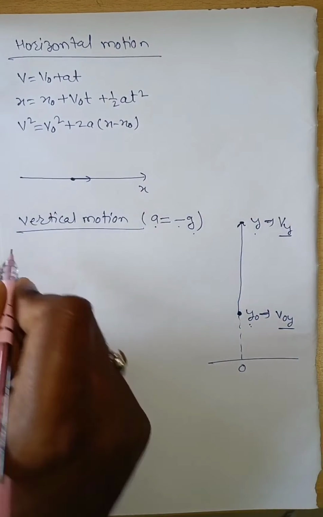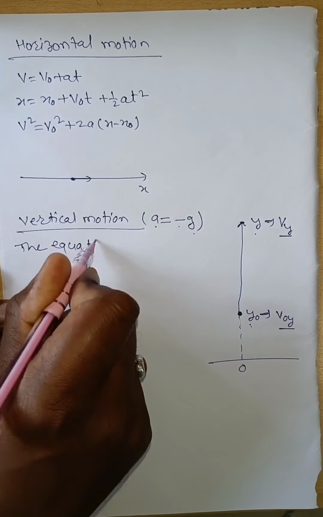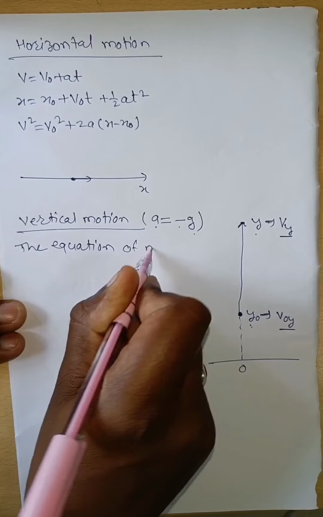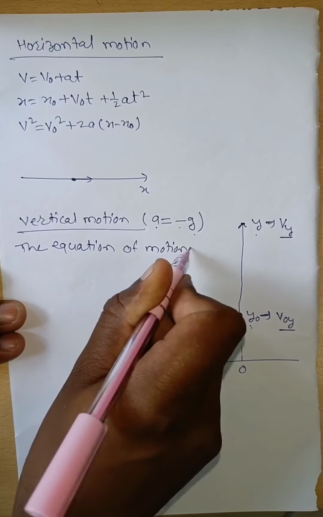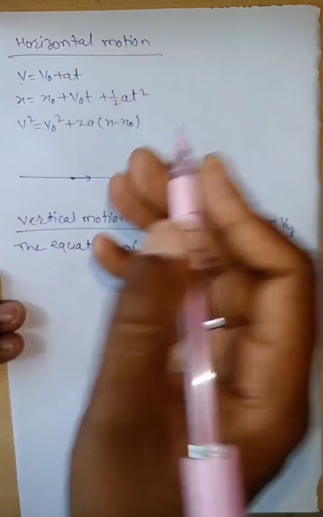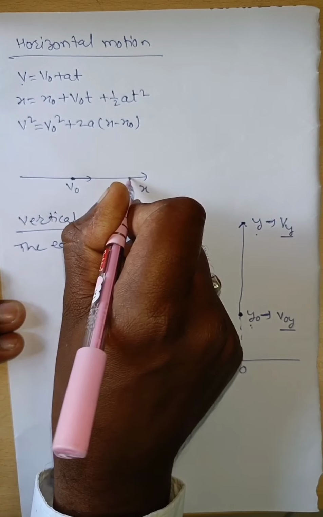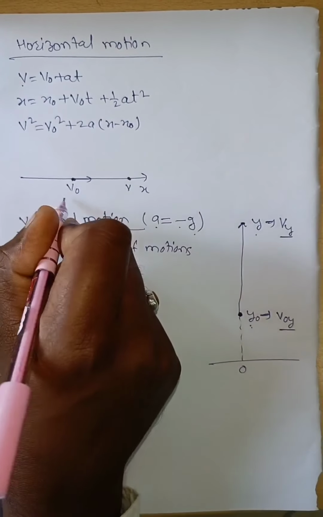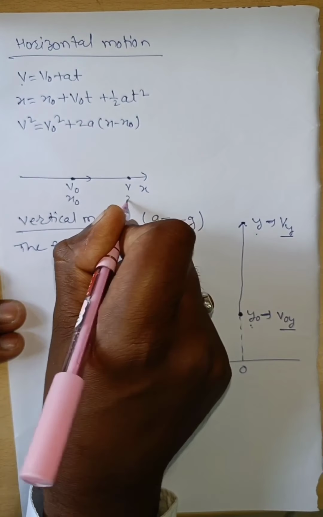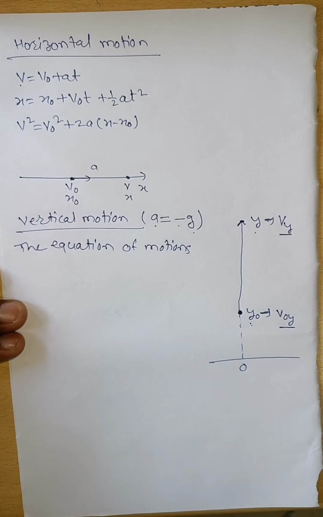Then the equations of motion become, what is the equation? v = v naught + at. Here the initial velocity is v naught, the final velocity is v, the initial position is x naught, the final position is x, and the acceleration is a.